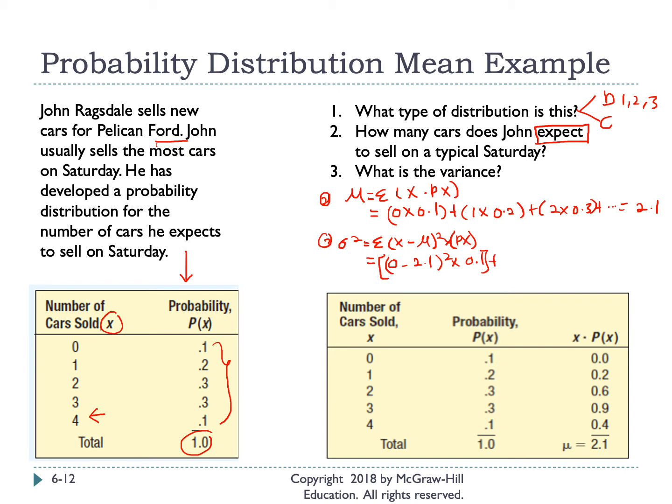What is the second x? 1 minus 2.1 squared and then multiply by the second probability, which is 0.2. So this is your second bracket. Okay, plus and so on. So you should get the value of what? 1.29. So 1.29 is the value for your variance.